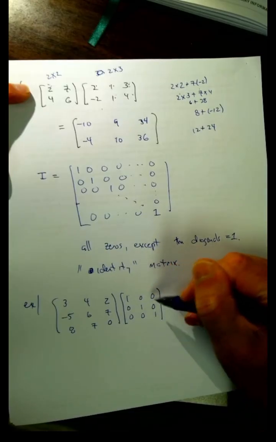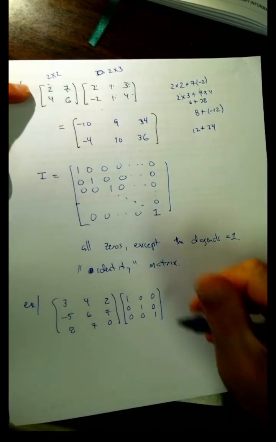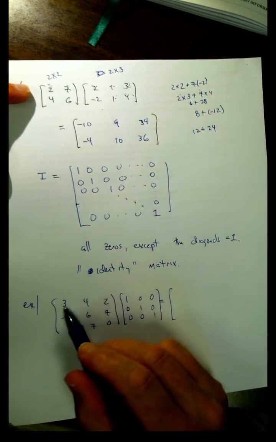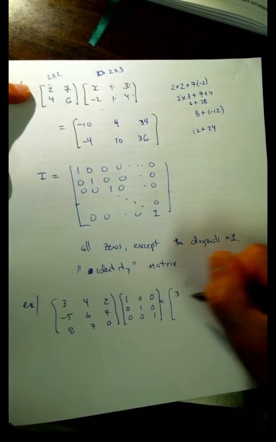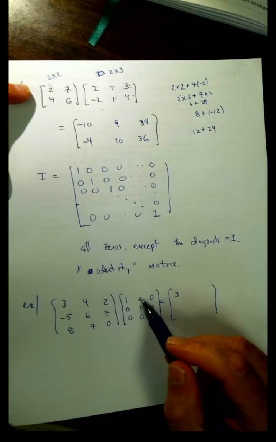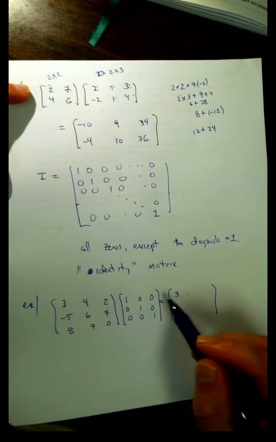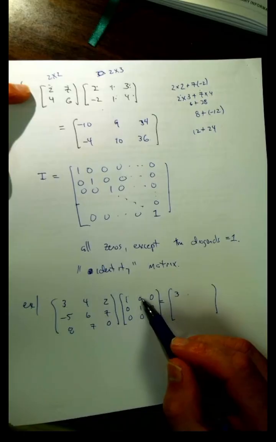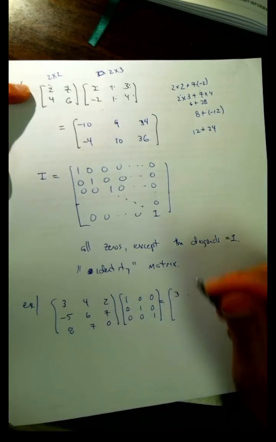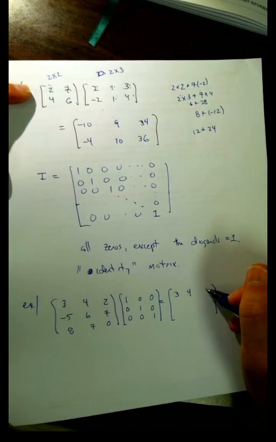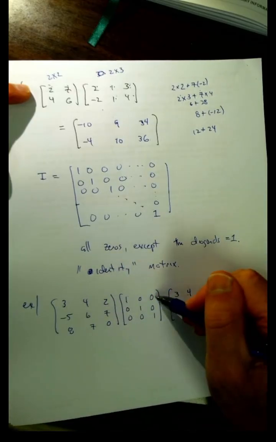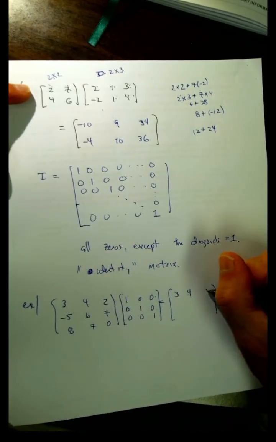So put 1s on the diagonals, everything else is zeros. So I'm going to have 3 times 1 plus 4 times 0 plus 2 times 0 is 3. For this entry, I'm going to go across the first row down the second column. 3 times 0 plus 4 times 1 plus 2 times 0 is 4.